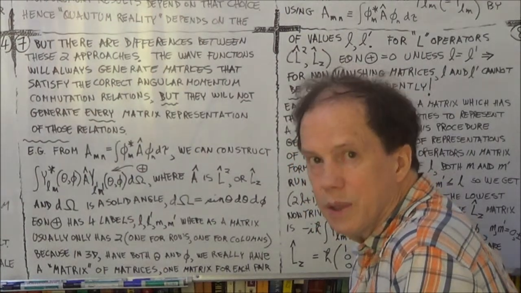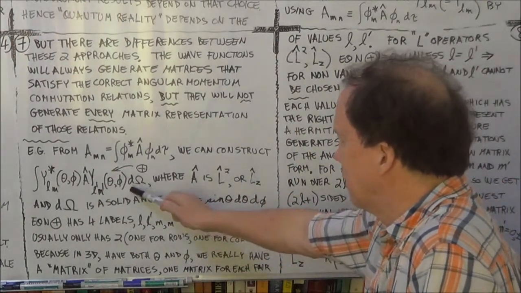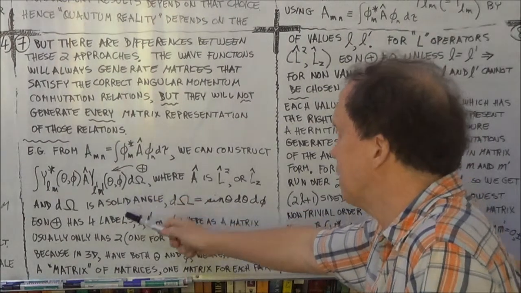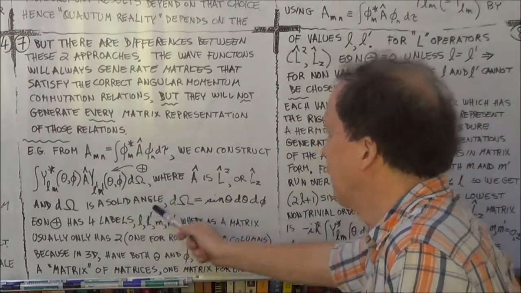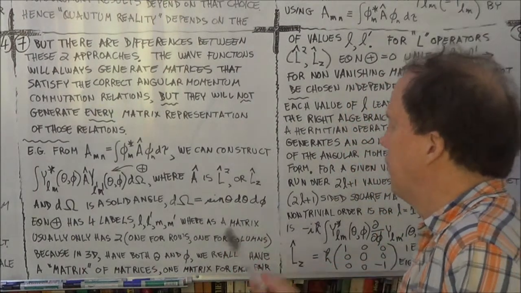So it would be either L squared or LZ. And d sigma is a solid angle, let's say, of this form.